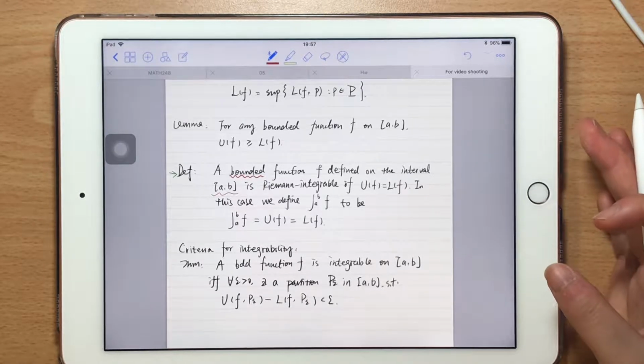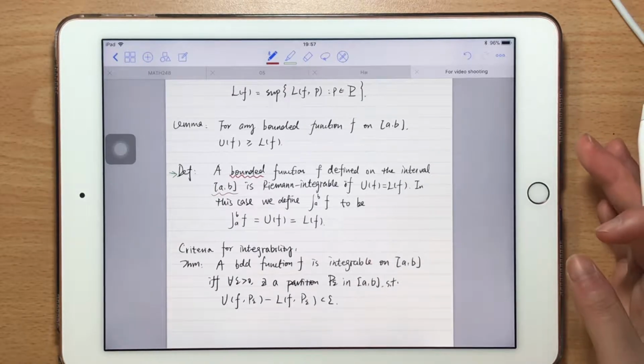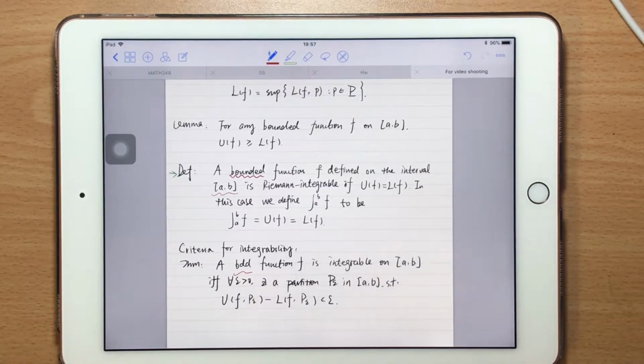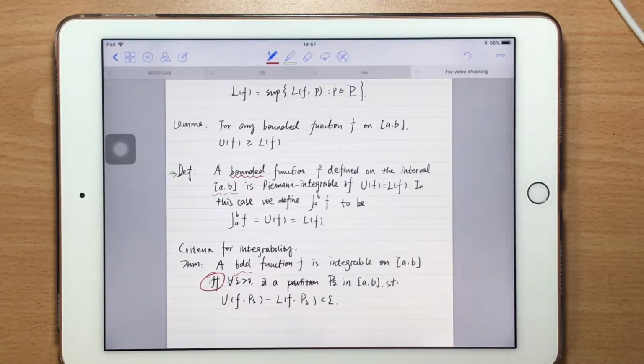This is quite convenient because you don't have to stick to its raw definition. You have another choice to prove the integrability, right? Okay, so the theorem says a bounded function f is integrable on AB if and only if for any epsilon larger than 0, there exists a partition p epsilon in AB such that the upper sum of f with respect to p epsilon minus the lower sum of f with respect to p epsilon is smaller than epsilon.